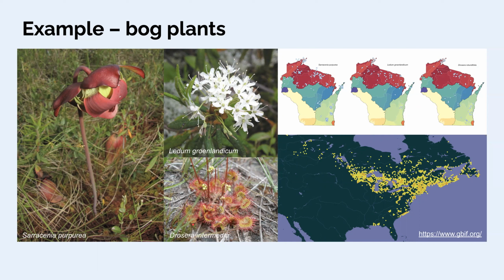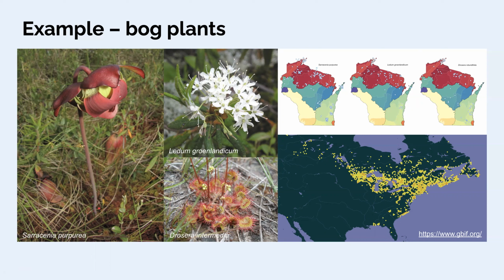They have competitive advantages for growing in those areas and completing their life cycles, and all kinds of evolutionary strategies that have come along over the years to help them grow best in these places. Generally that means that they're not well adapted to grow in other types of habitats. So this pitcher plant, for example, this is a carnivorous plant, has a strategy for getting extra nutrients in a bog, which is typically poor in nutrients.